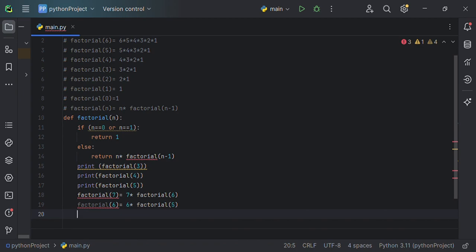So for finding the factorial of 5 we have to find the factorial of 4. Like this we will go till 0 or 1.